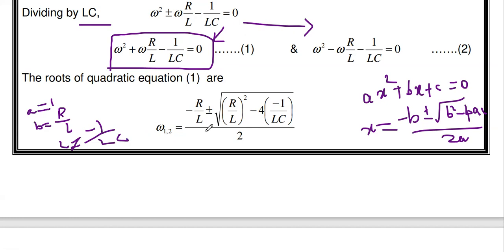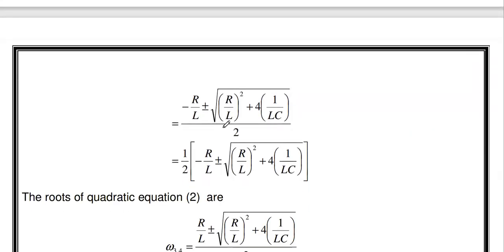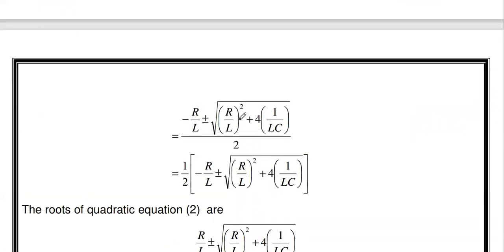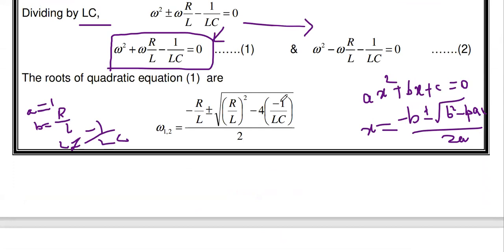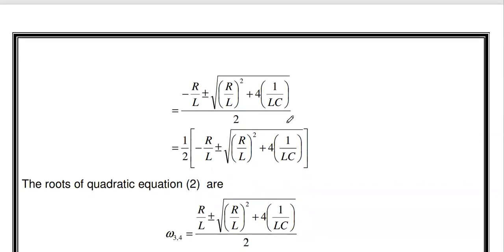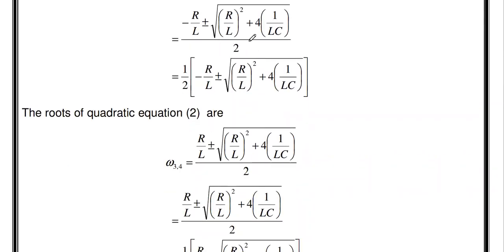Okay, so these 2 roots we can write as minus R by L plus or minus square root of R by L the whole square, then this minus is converted to plus, so plus 4 by LC, divided by 2. So this 1 by 2 you take outside. This is omega 1 comma 2. So the first root omega 1 is 1 by 2 into minus R by L plus this value. Omega 2 is 1 by 2 into minus R by L minus this value. It is omega 2.